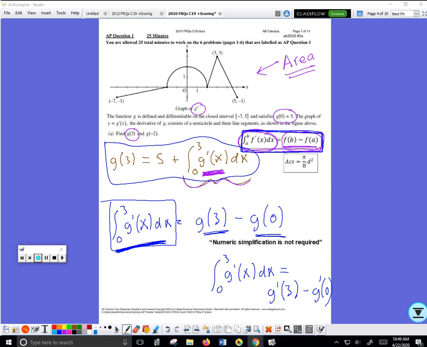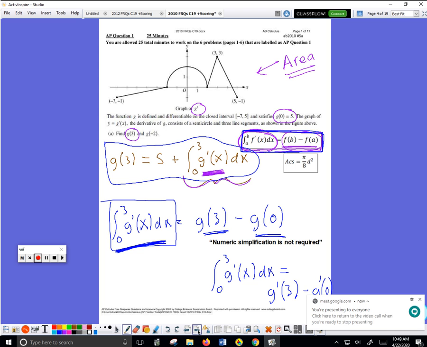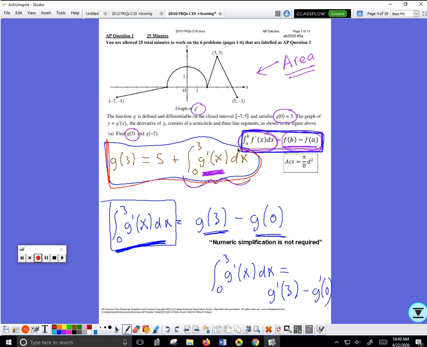For example, what I showed earlier: my first thought is, okay, they want g of 3, they're giving me g prime, so I know I need to use the fundamental theorem. So that's how I got to this box here. That was my first thought process, and I didn't think of anything else. Are you good to there?